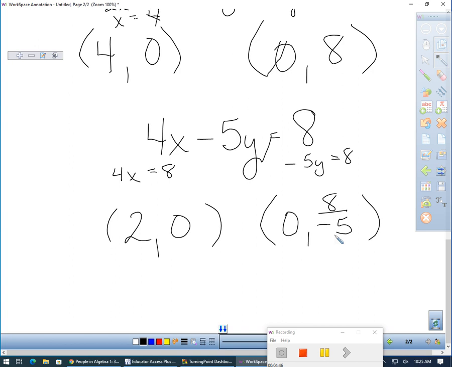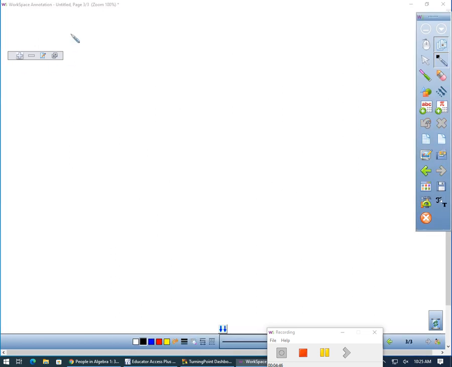You'd have to clear the fraction, and we'll get there. We'll get there. You guys are so impatient. All right. So any questions on the first 6? The next 3 are actually even easier.